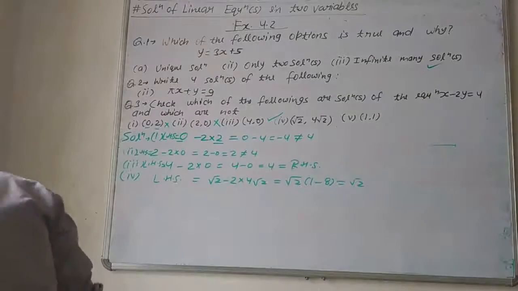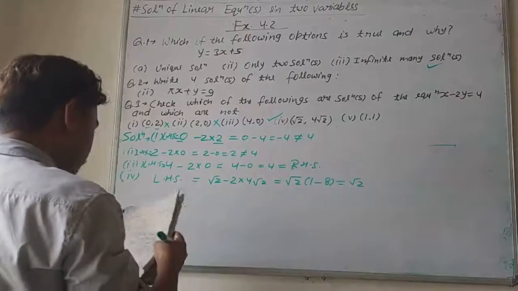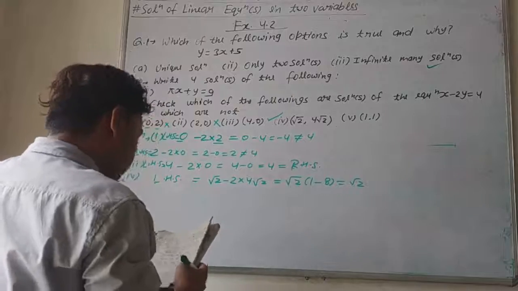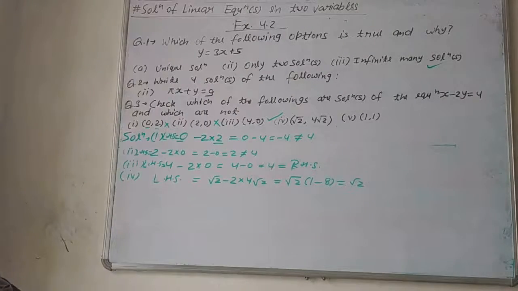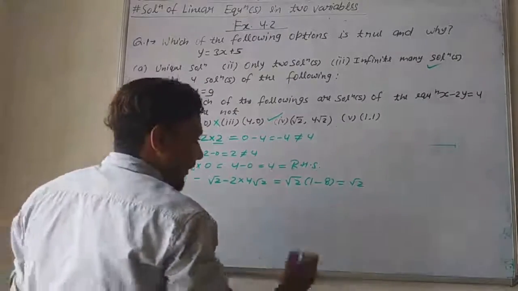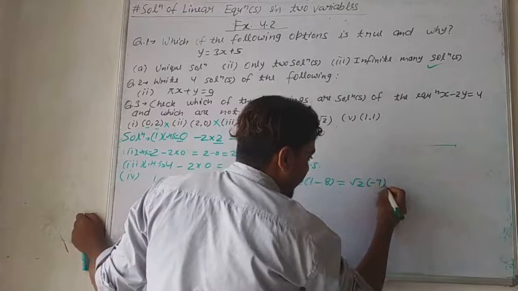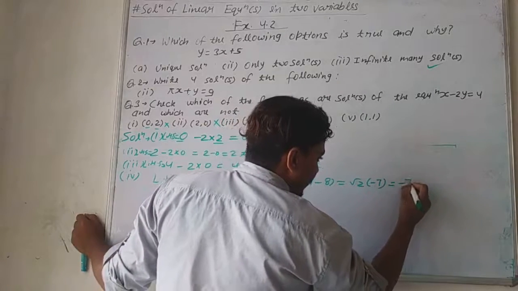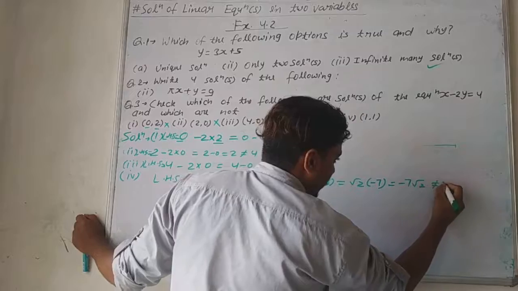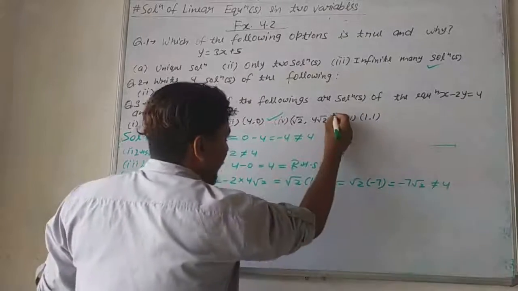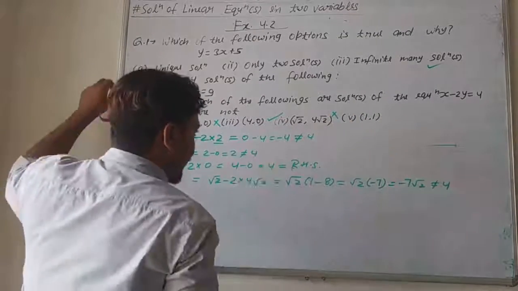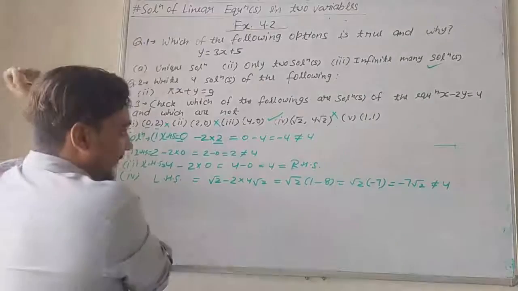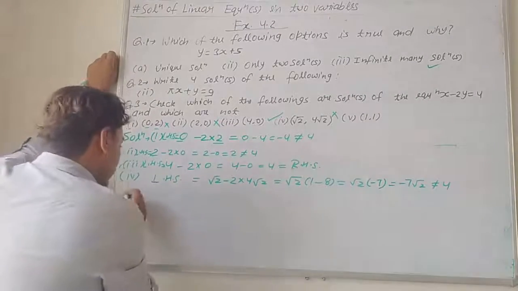Again, root 2 and 4 root 2 in x minus 2y equal to 4. There is no mistake in our question. Then it becomes minus 7 root 2, which is never equal to 4. So this is also not a solution. Only this one solution we have found out of 4.